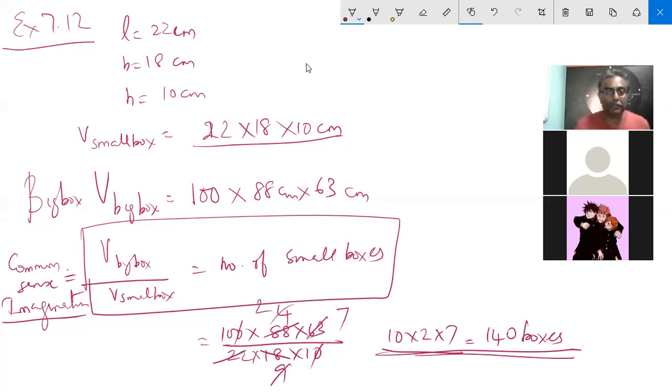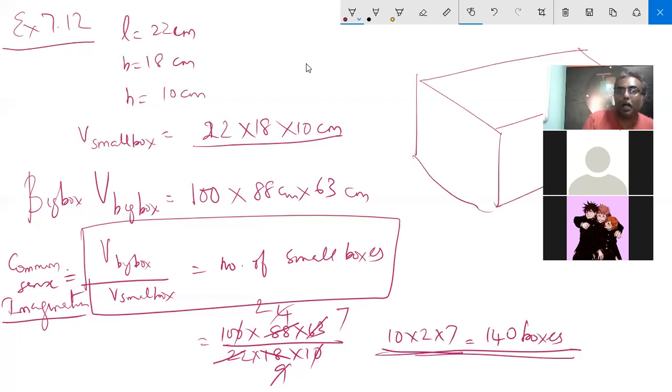But the biggest thing is that conceptually you have to understand it like this. Inside that big box, how many small boxes will go? Like this small box, another small box, another small box, like that. So 140 such boxes are going.